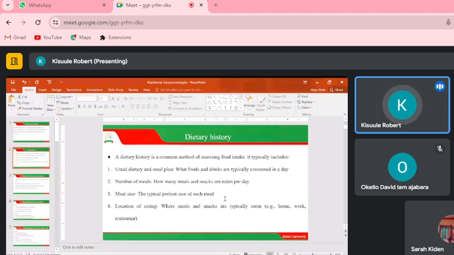So here we are looking at how many meals or snacks are eaten per day, the meal size, the typical portion sizes, and the plates, etc. And the location of eating, where meals and snacks were taken, typically eaten at home, work, or at a restaurant. And this would help give us information on the lifestyle and the food choices of that individual.